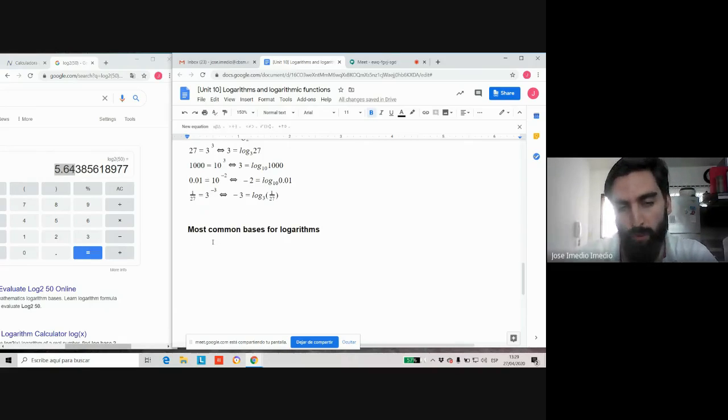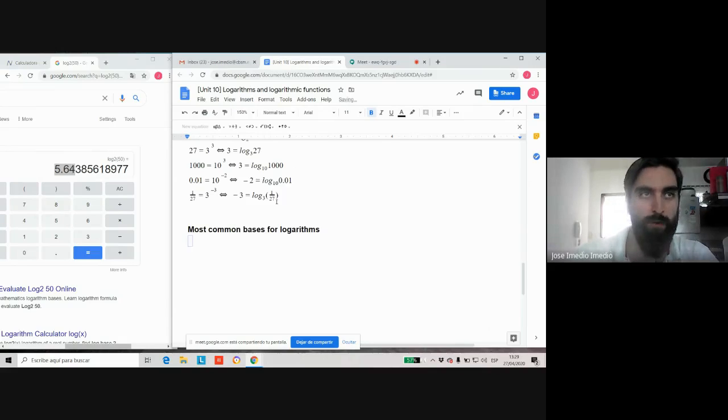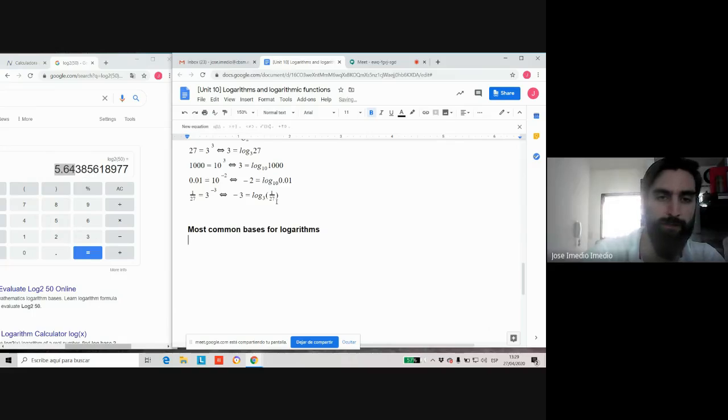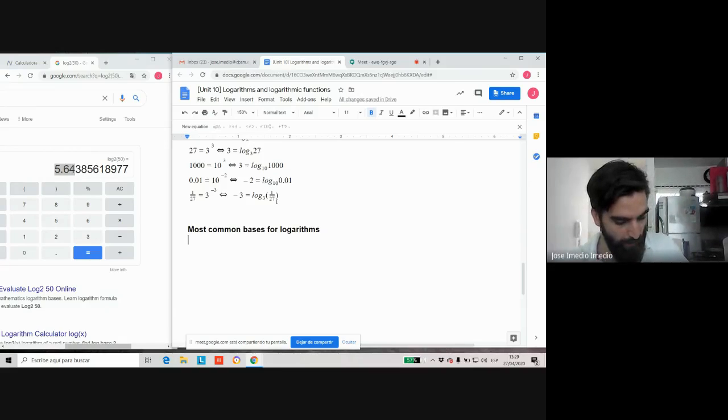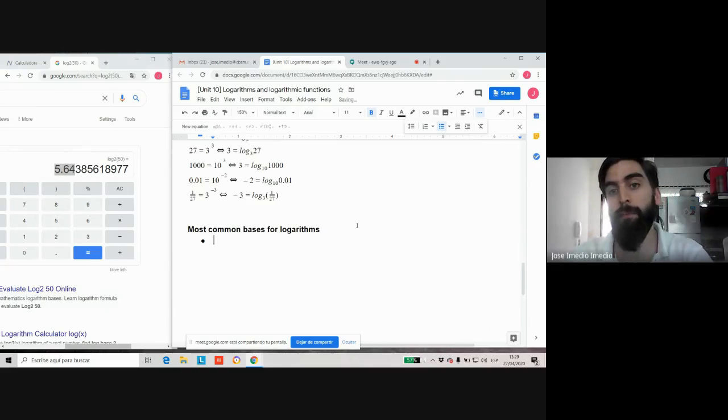One of the most common ones is the logarithm base 10.